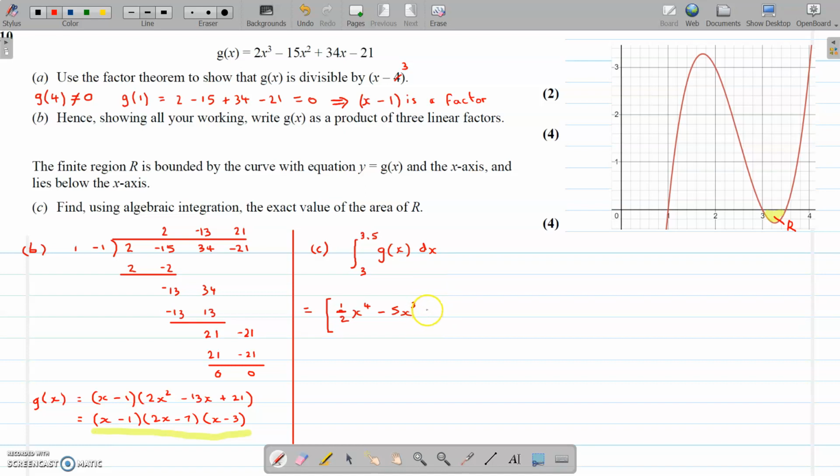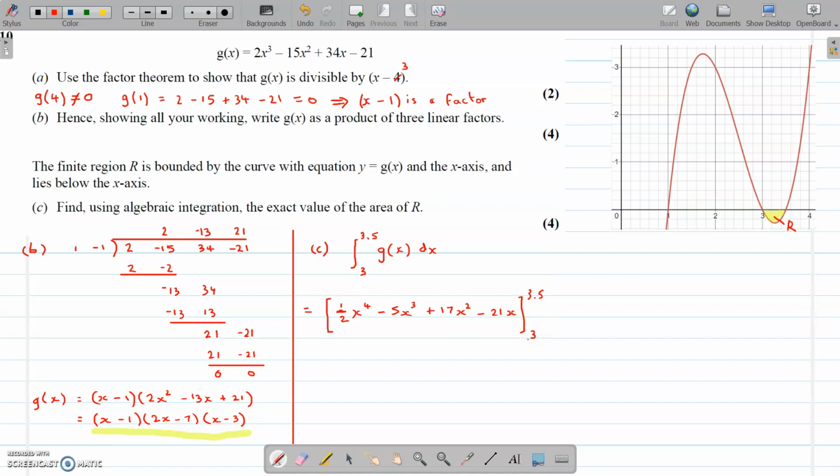And then 17x squared. Okay, and finally minus 21x. Okay, and I must show in the closing square bracket the two limits, 3.5 and 3.